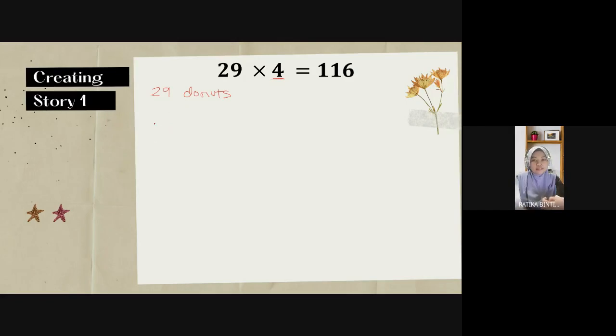And then what about this 4? 4 what? Diane, 4 what? Can I use 4 boxes? Boleh? Okay, and so 116 is the total of the donuts. Okay, so I will use the keywords total.